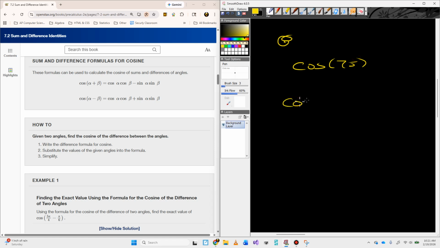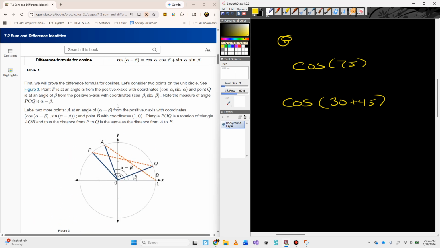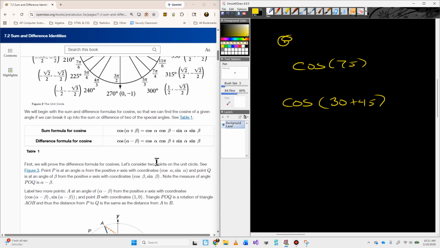I can actually rewrite this as cosine of 30 plus 45. And I have exact answers for both of these. I have exact answers for the cosine of 30, which is cosine of alpha. And I have exact answers for the cosine of 45, which is, again, cosine beta. I have exact answers for those because this diagram shows me that.